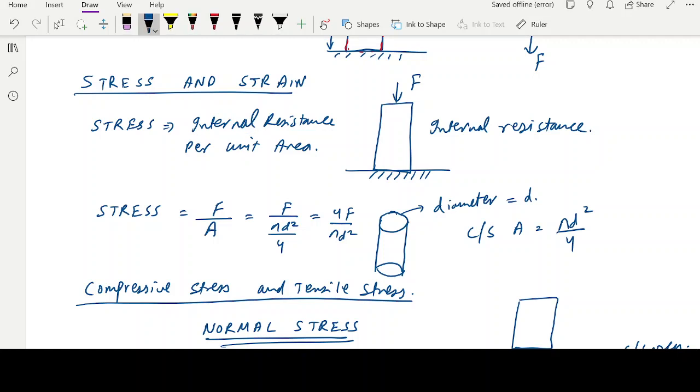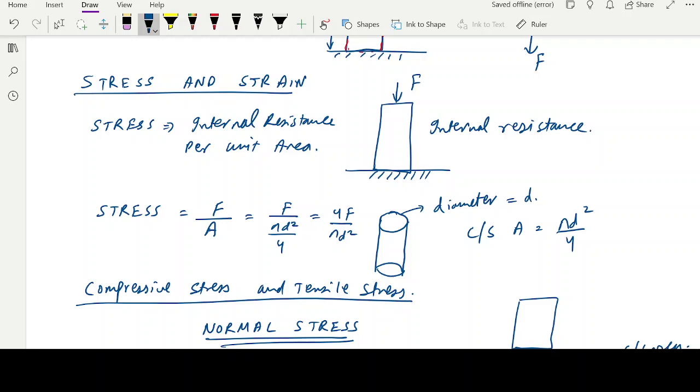Let us quantify it for a circular rod. Here you can see a circular cross-sectional rod of diameter d, so its area can be given as pi d squared by 4. Now the stress can be quantified as the force applied divided by the cross-sectional area, which comes out to be 4F by pi d squared. Here we are taking the applied force to be equal to the internal resistance.